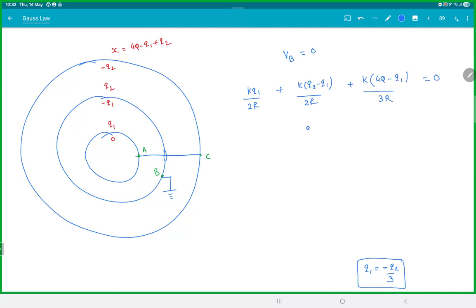Q1, Q1 goes off. You end up with Q2 by 2 plus 4Q by 3 minus Q1 by 3 is equal to 0. Take your Q1 here, dump it in this. So Q2 by 2 plus 4Q by 3 minus Q1 by 3. Q1 is what? Minus Q2 by 3.